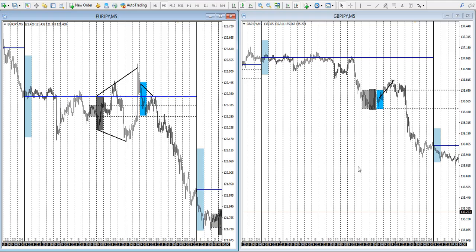Now there's some SMT divergence that you probably could not see until I drew the lines.